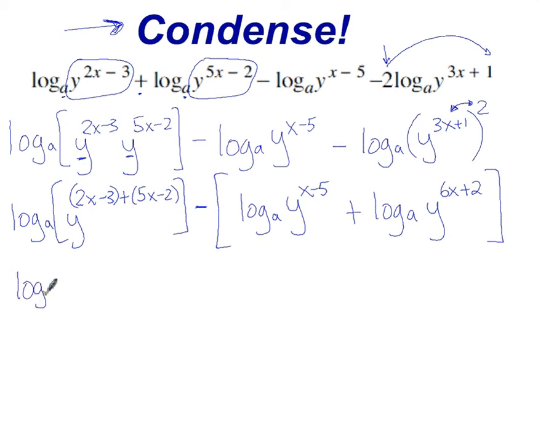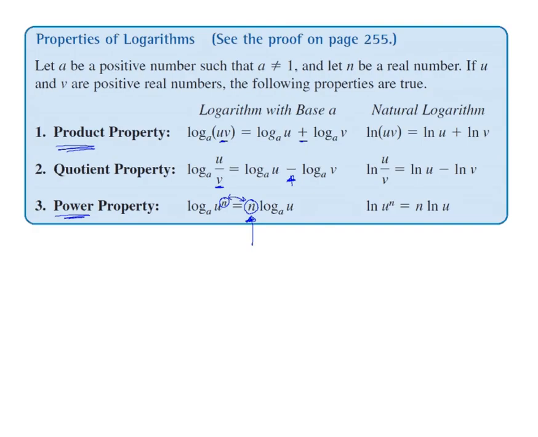Let's see, log base a, copy all this down. Oh, wait a sec. Now we've got 2x here and 5x here, so that's going to make 7x. Here we've got minus 3 and minus 2, so that's going to make minus 5. Inside these big brackets, we now have log base a here and log base a here, and we're adding. So that means back to our properties.